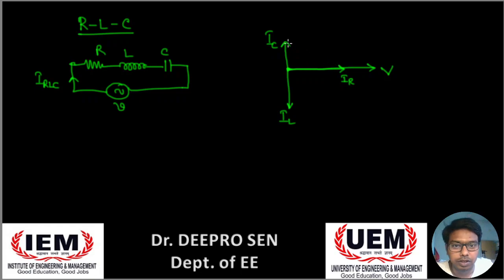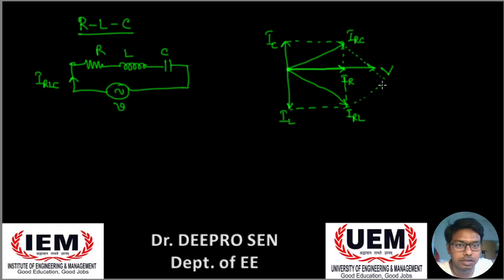Okay, now we'll go for two vector additions, one for RC, which will give us IRC, and another for RL, which will give us IRL. Now finally, we will vectorially add IRC and IRL.